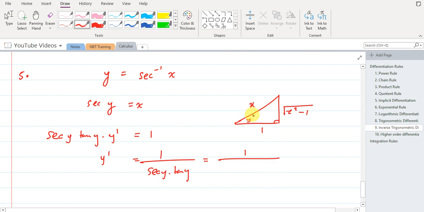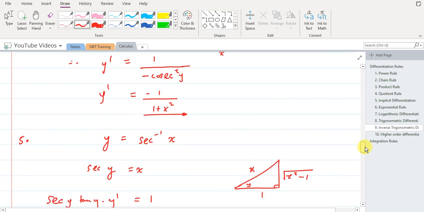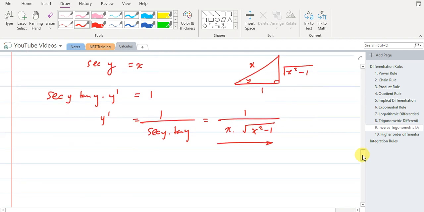Sec of y is x, and tan y is opposite over adjacent, which is square root of x squared minus 1. So that's what the derivative of sec inverse x is, 1 over x square root of x squared minus 1. I hope you guys are understanding. Don't forget to comment on my video if you are not understanding.